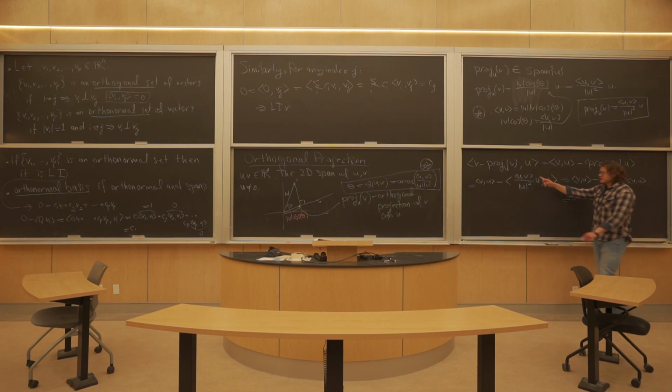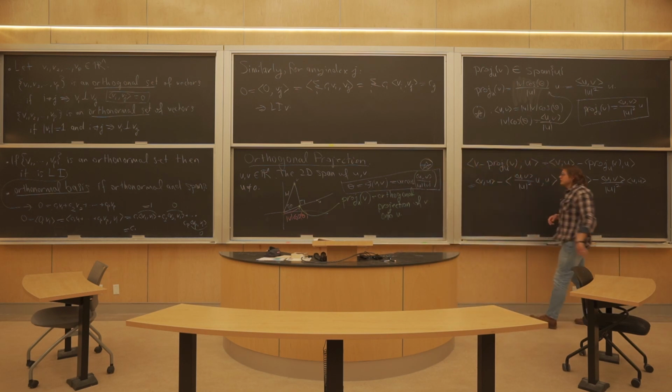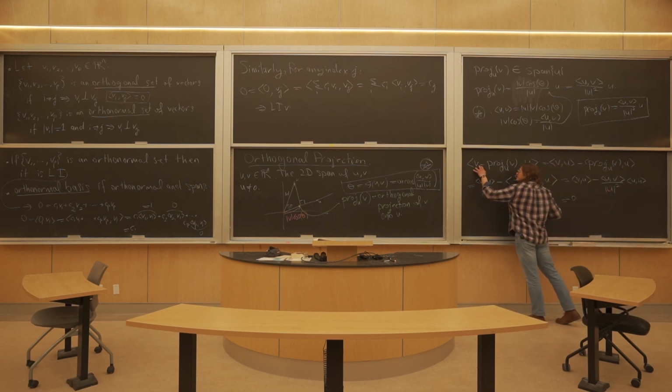That is to say, this reasoning is correct. And indeed, once you orthogonally project your vector onto u, whatever is left from your original vector, which is this, is orthogonal now.